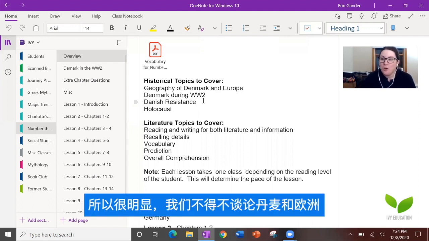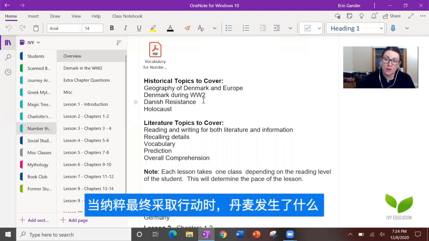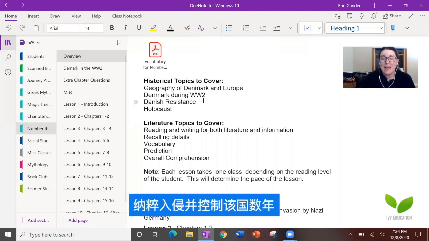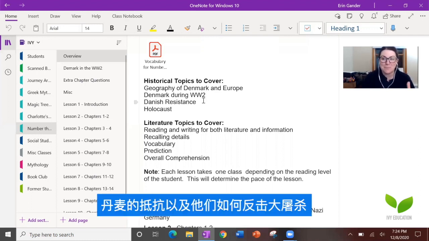So obviously we have to talk about Denmark and Europe as a whole, the time period of the 1940s, World War II, specifically what is happening to Denmark when the Nazis ultimately invade and then take control of the country for several years. The Danish resistance and how do they fight back?